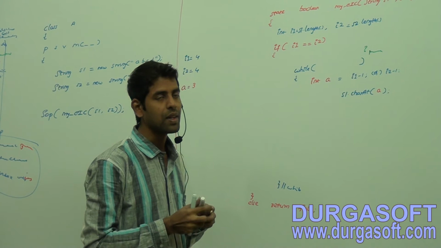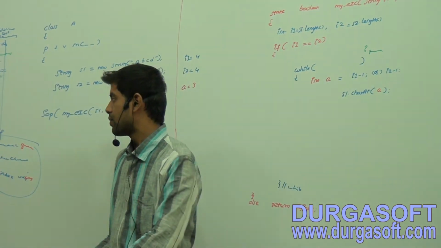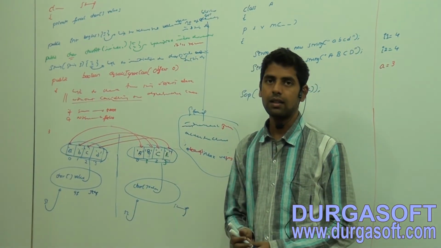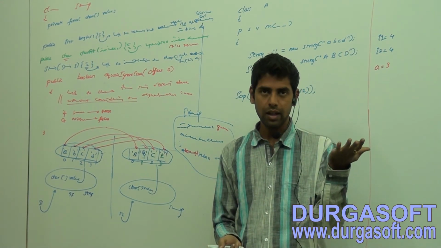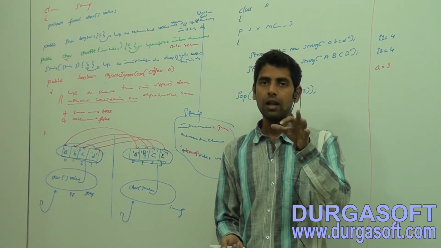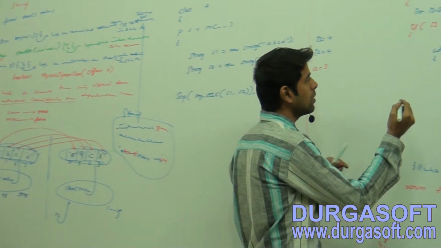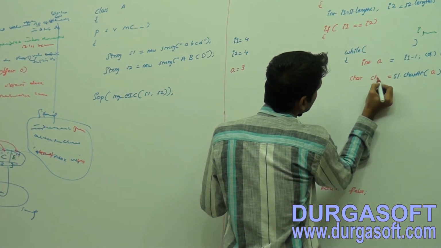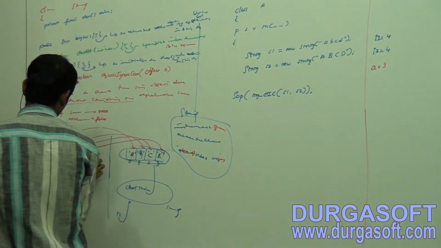It will take s1.charAt, that is, within the string object s1 it will take the third index character. Let me put that in a primitive char variable for future use, char c1.